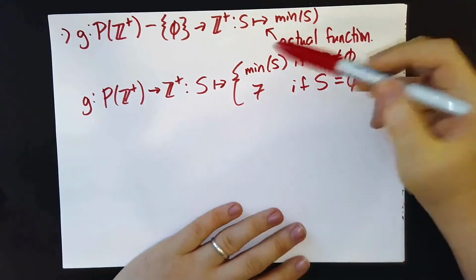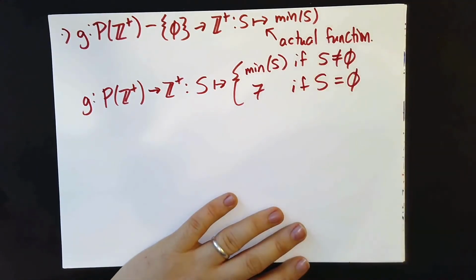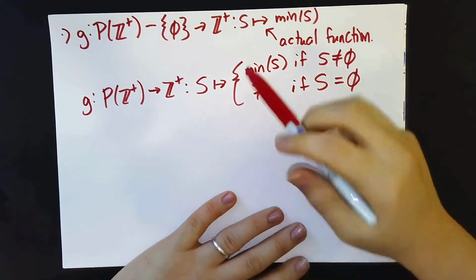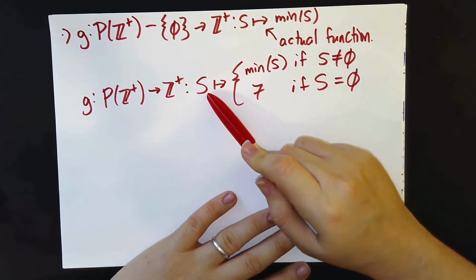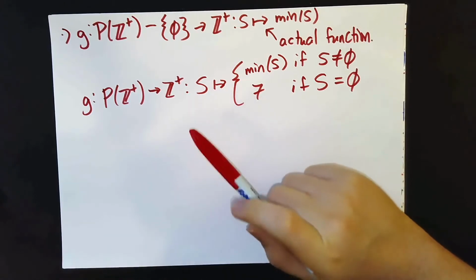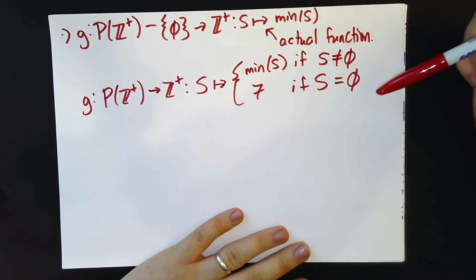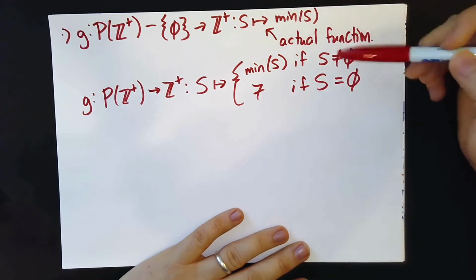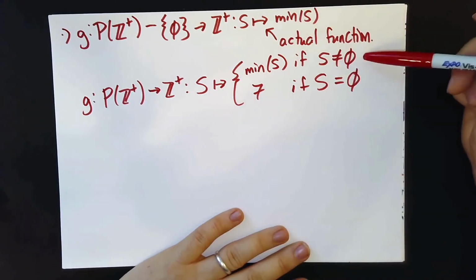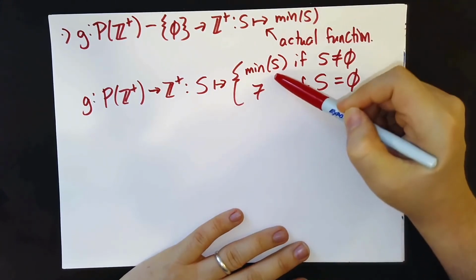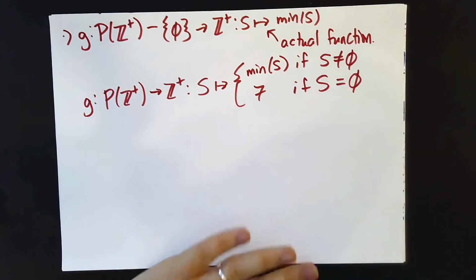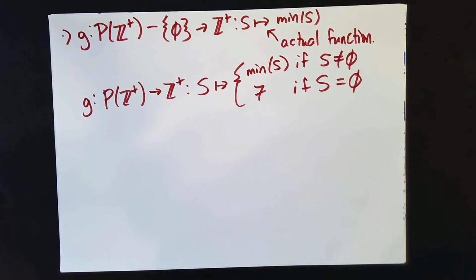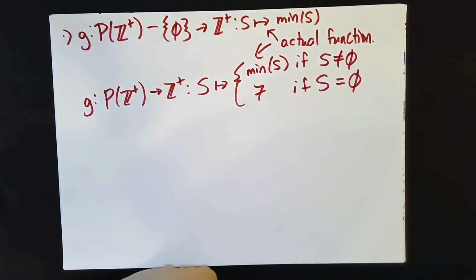And this is just your plain old piecewise notation going all the way back to calculus days, where I've specified, okay, depending on what the input is here, in this case I've chosen S as my input, what do I want the output to be? And in this instance, I've just said, oh, well, I want the output to be the minimum of S, unless S was this really problematic set, the empty set, in which case I'm just going to say, okay, the minimum is 7. So this is perfectly fine. This is also an answer.